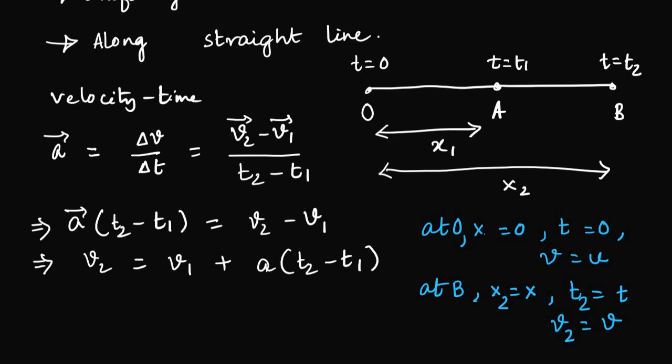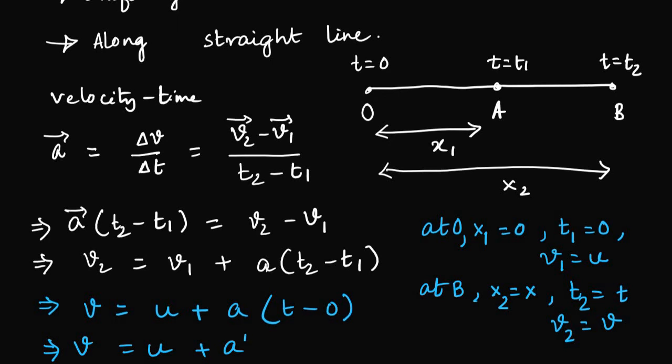Here also I can write x1 is 0, t1 is 0, v1 is u. Putting all these in the equation, it comes as v equals u plus a times t2, which is of course t, minus t1, which is 0. So it is basically v equals u plus at. This is the required equation.